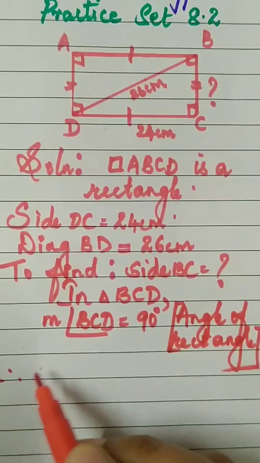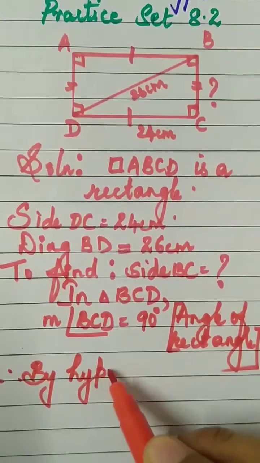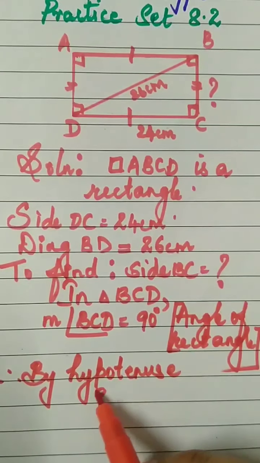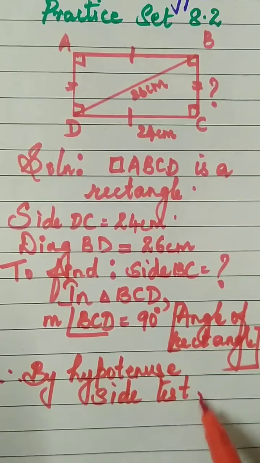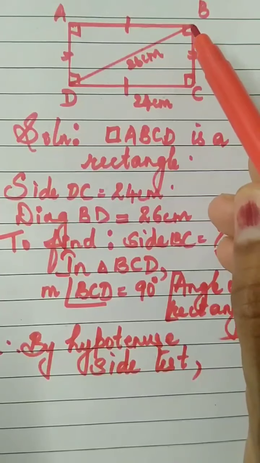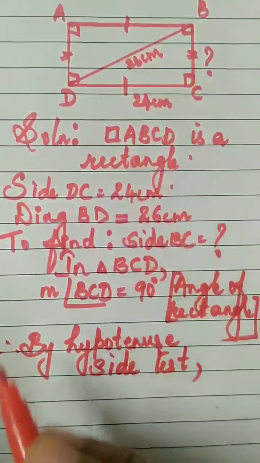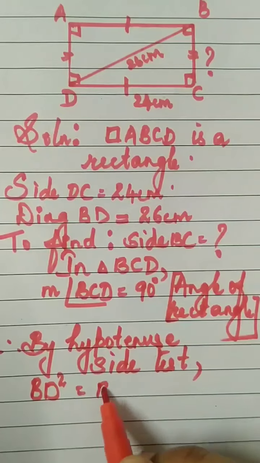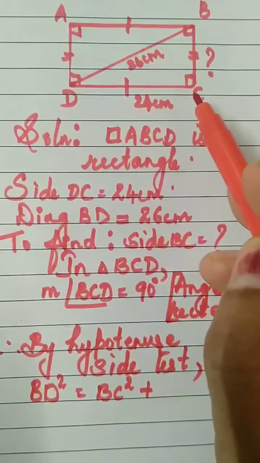So therefore, by hypotenuse side test, or you can write hypotenuse theorem, any one word. By hypotenuse side test, you know the test, no? What is the test? Hypotenuse square is equal to one side square plus other side square. Name of the hypotenuse here is BD. BD square is equal to BC square plus, which is the other side, DC square.